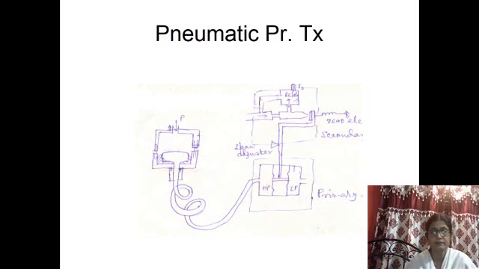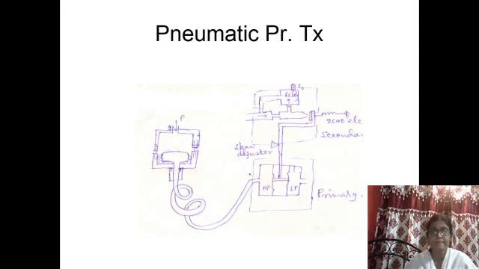This is the enclosed chamber where this is the mercury, within this mercury a tube is there, or this may be silicon, since it has high viscosity and compressibility. So this may be the silicon filled chamber, and this is the jacketed pipe through which this is connected with the DP cell.